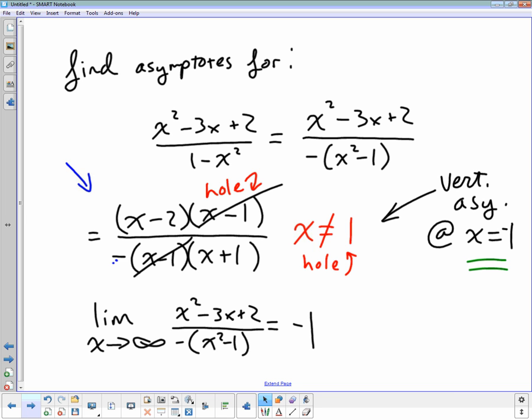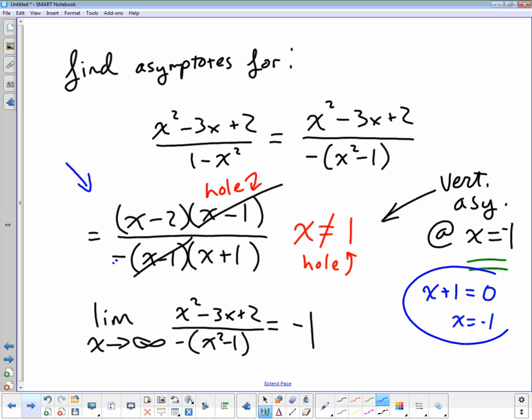Now the vertical asymptote is what's left over. So I have here a vertical asymptote and a horizontal asymptote.